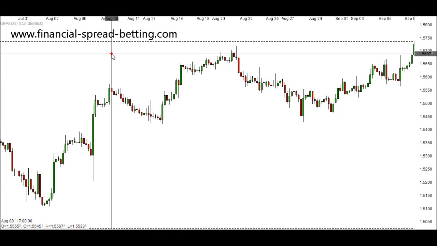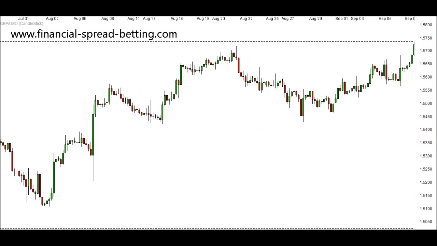Once again, this resistance area that we've marked, price comes up to this area. These are not specific levels in the market, but areas. Price reaches this area and price changes direction or is rejected.